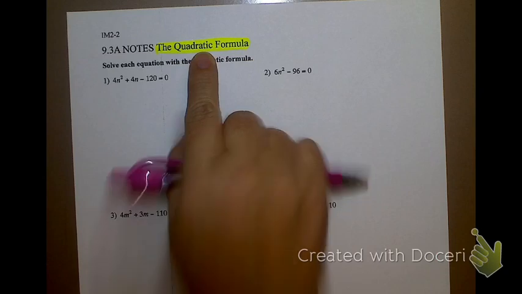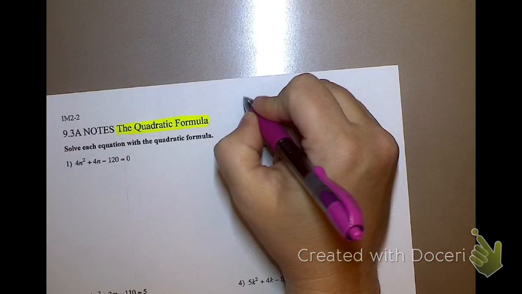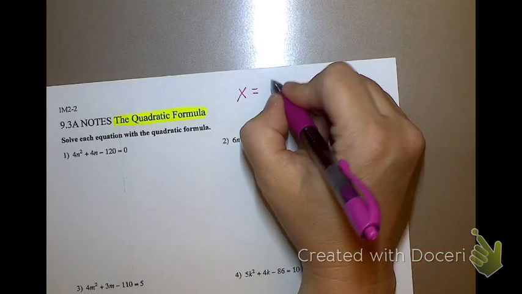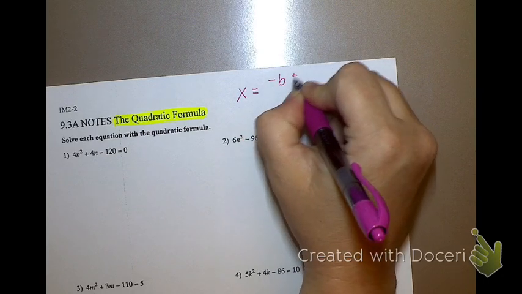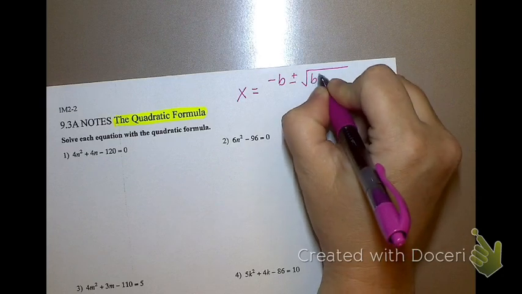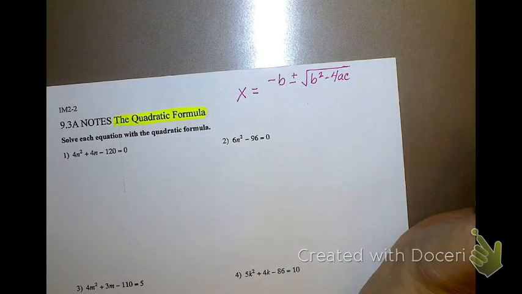All right? Now, what is the quadratic formula? To get my 2 answers, x equals negative b plus or minus the square root of b squared minus 4ac, and that whole thing is under the square root.